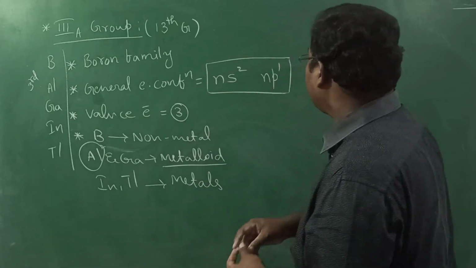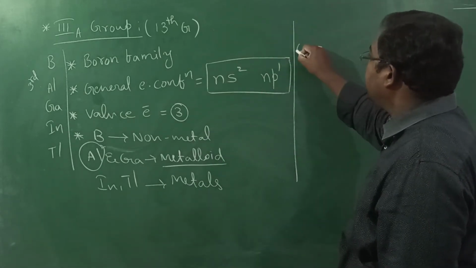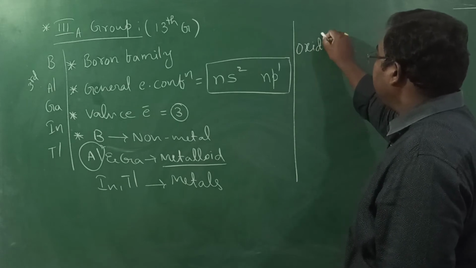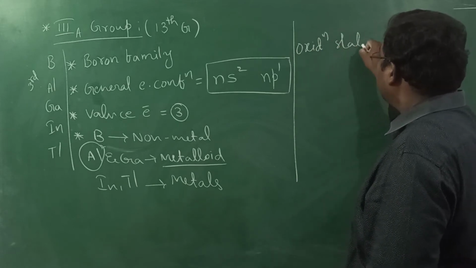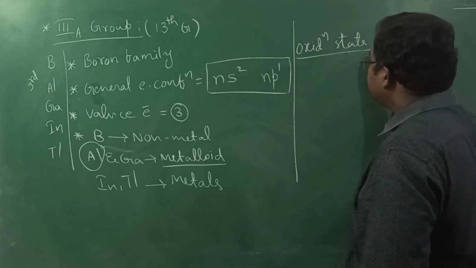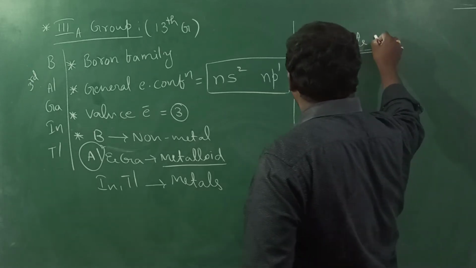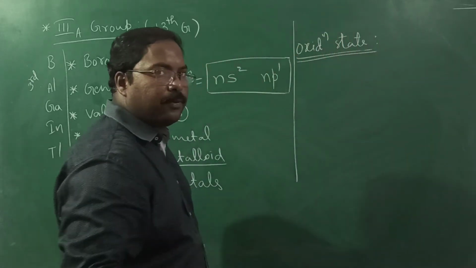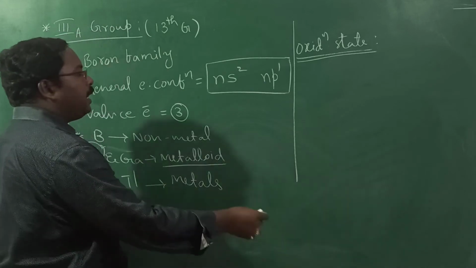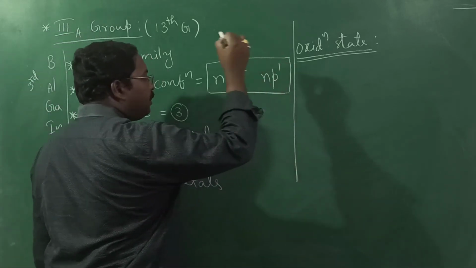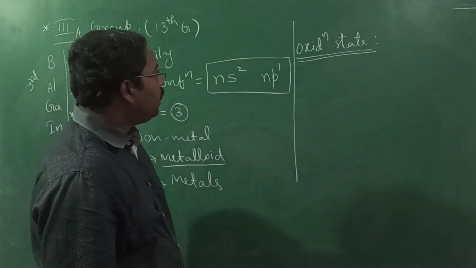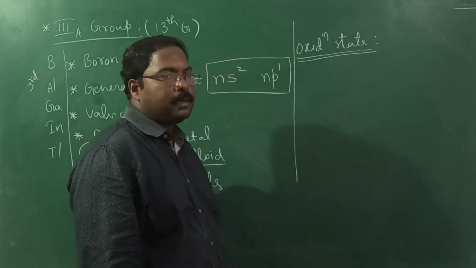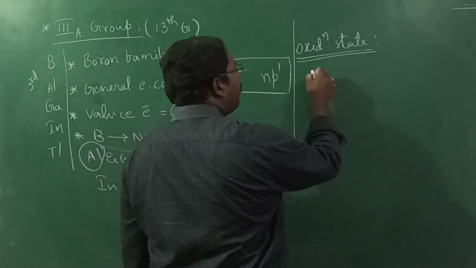Now, one thing we forgot to discuss, that is oxidation state. Here the oxidation state of these 13th group elements is interesting. Now observe here. How many electrons are there? 3 electrons. If they have 3 electrons, what will be their common oxidation state?